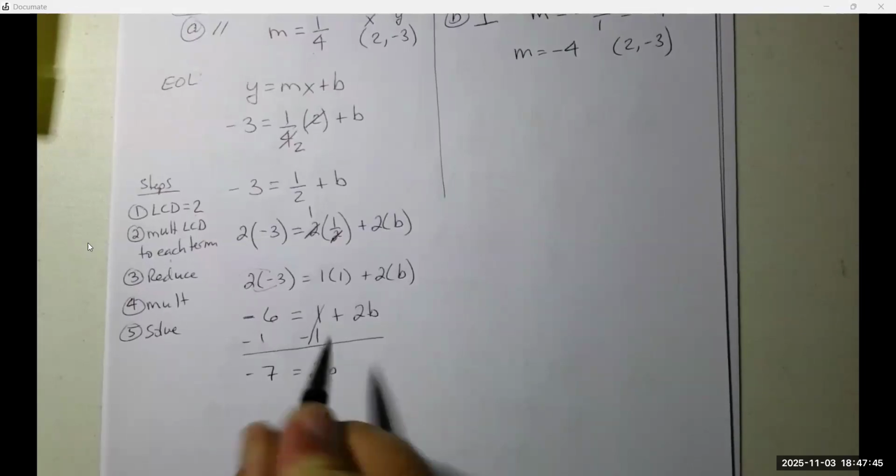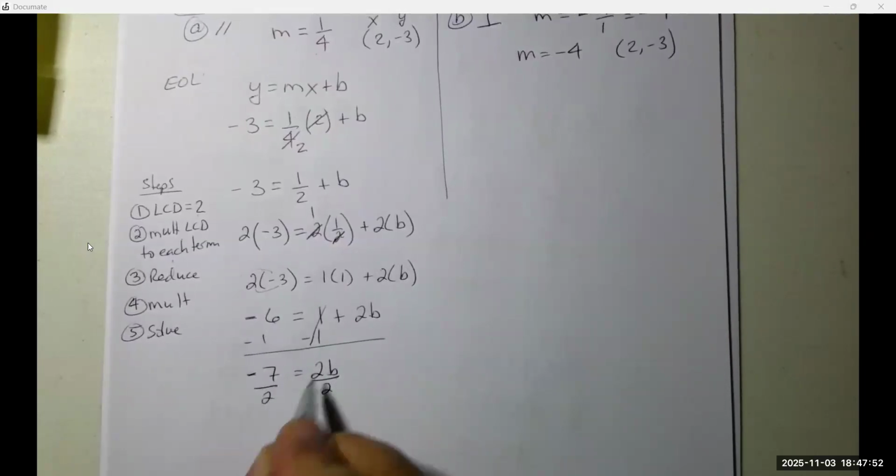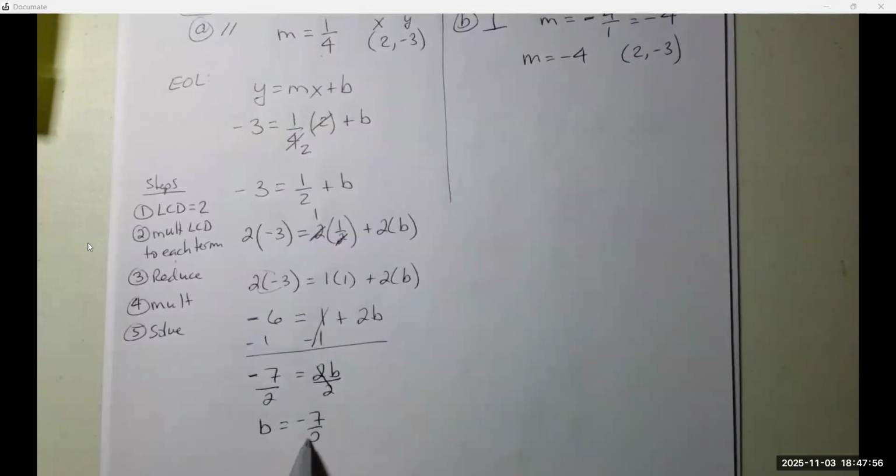And then solve. Subtract 1 from both sides. So we have -7 equals 2b. They're both negatives, so the answer is negative. Add the numbers and divide by 2. So b is equal to -7/2.